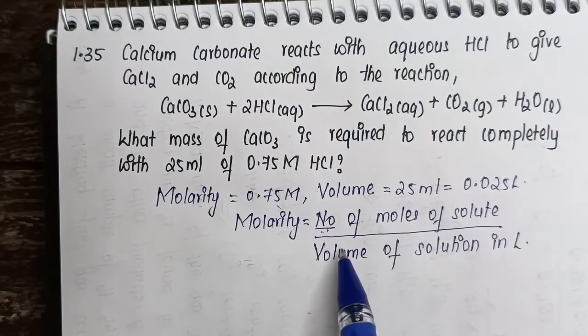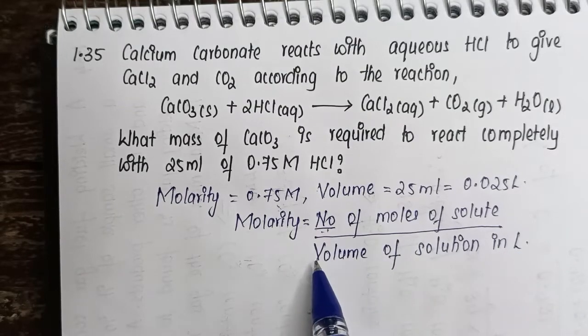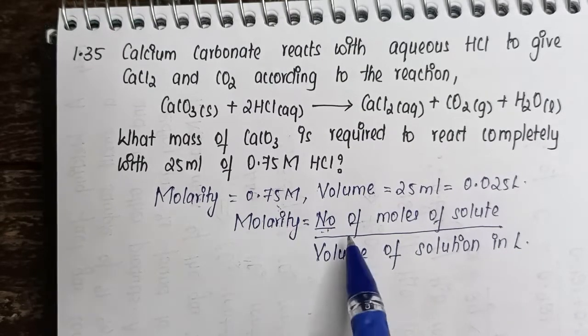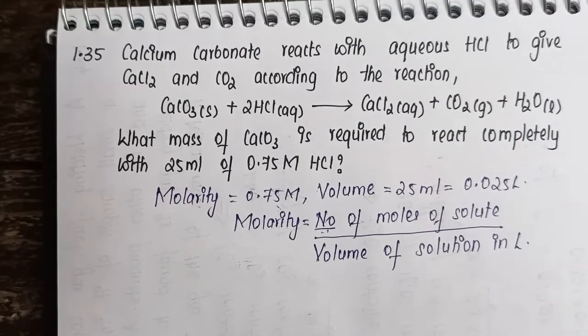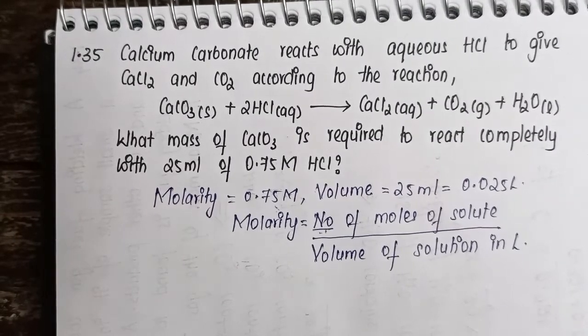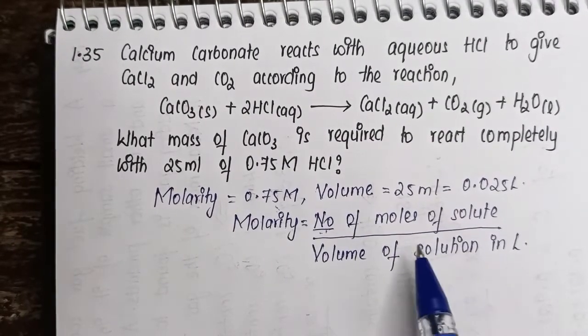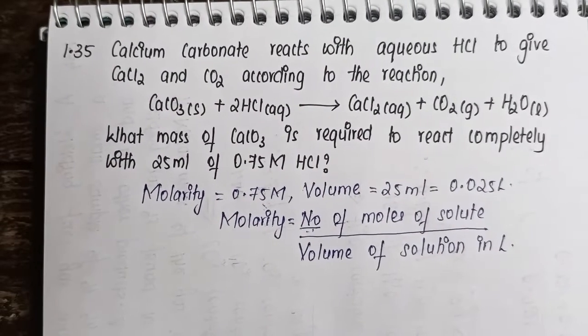So here, if you see, we know the volume of solution, we know the molarity, but we don't know the moles of solute. So first thing is we need to find out the number of moles of solute.